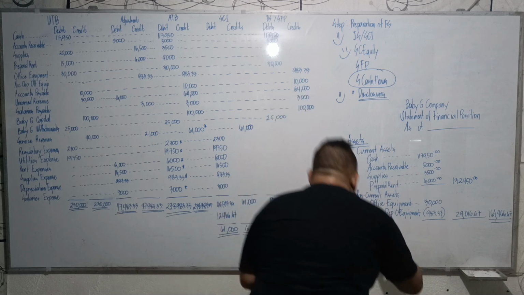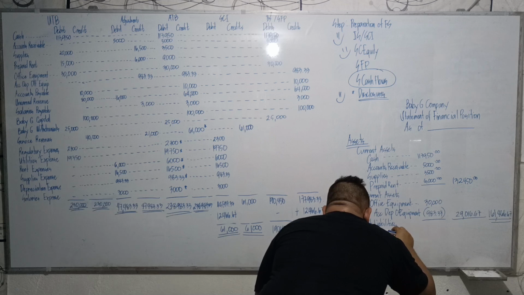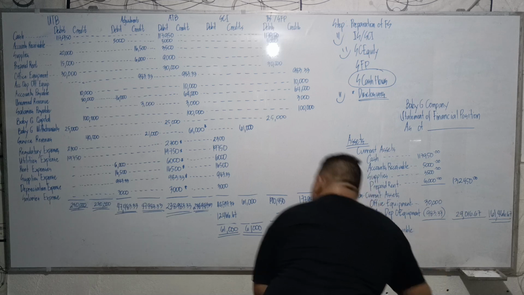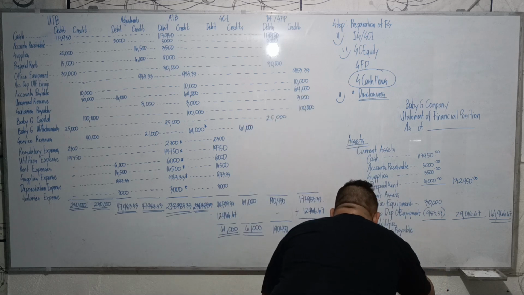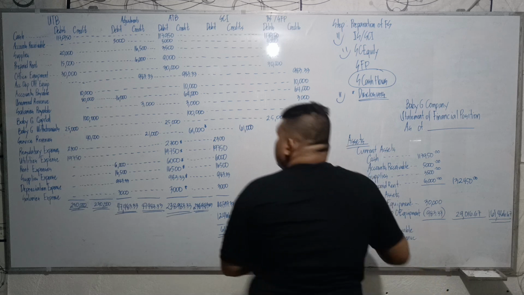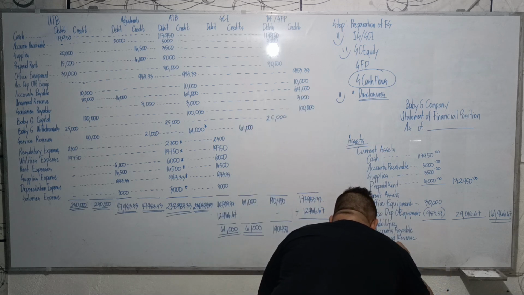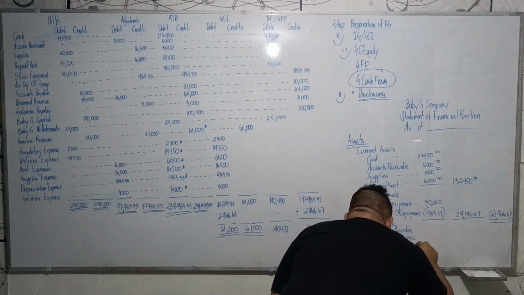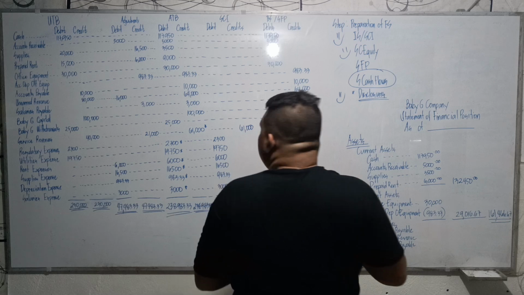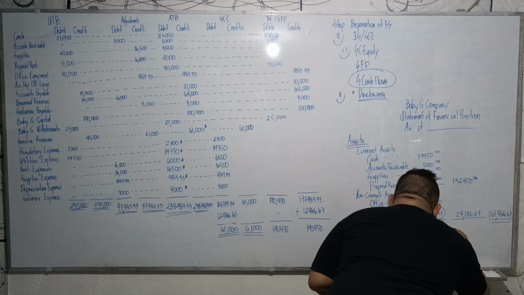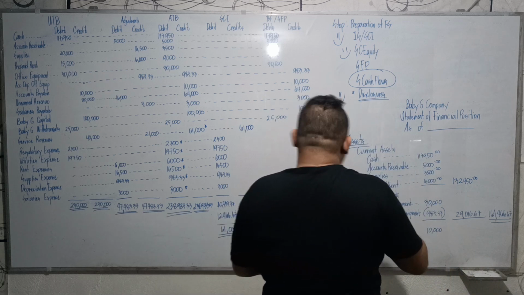So current liabilities, we have accounts payable, we have unearned revenue, we have salaries payable, and you will have 10,000 for the accounts payable, and we have the 80,000.